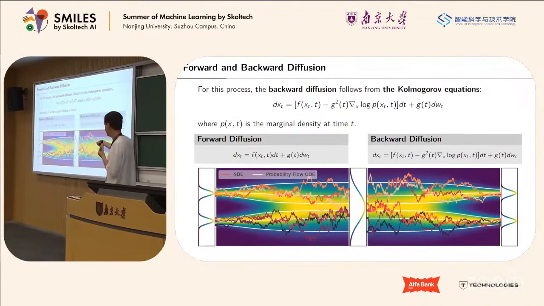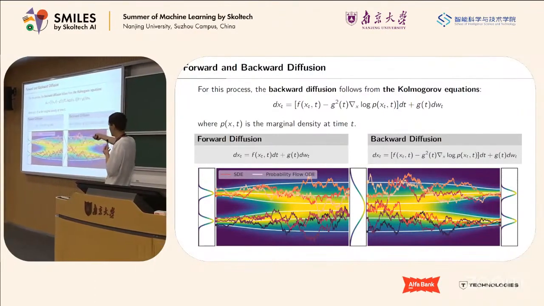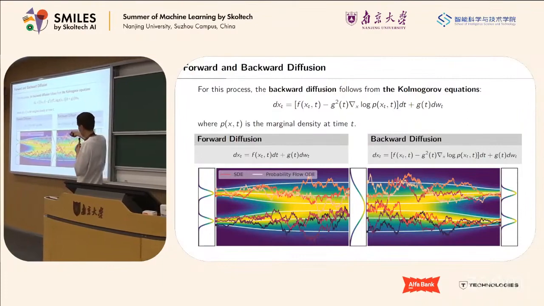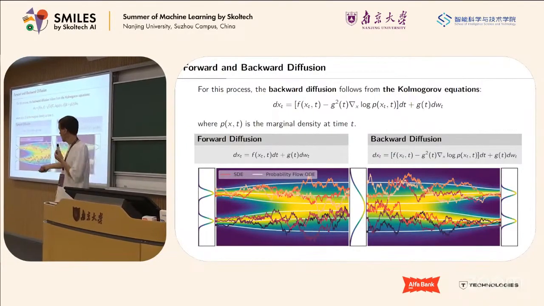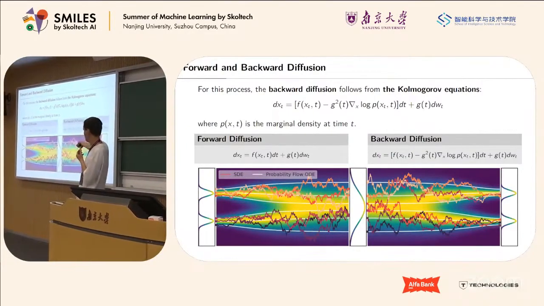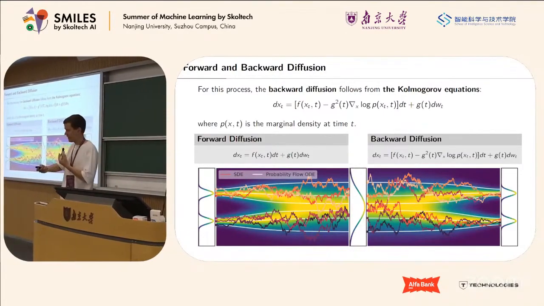The main idea of diffusion models is then, for this forward stochastic differential equation, to derive the reverse stochastic differential equation, which models the same dynamics but in reverse time, when we move from our simple distribution to our complex distribution by the same process in reverse time.